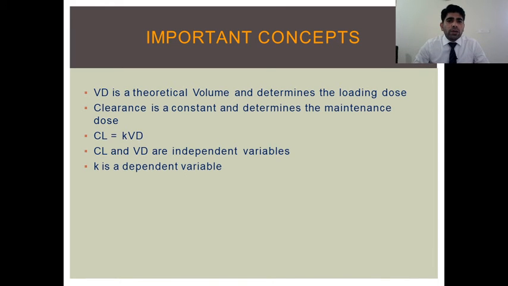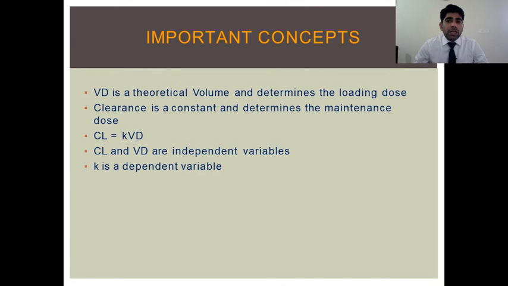So now in the last few slides we have gone through the main important concepts written below. One by one, let's recall them. The volume of distribution is a theoretical volume and determines the loading dose. It is a very important pharmacokinetic parameter that we have to understand to calculate the loading dose.